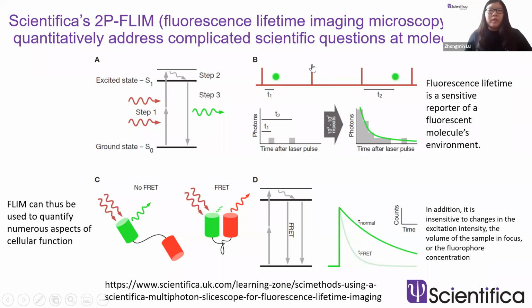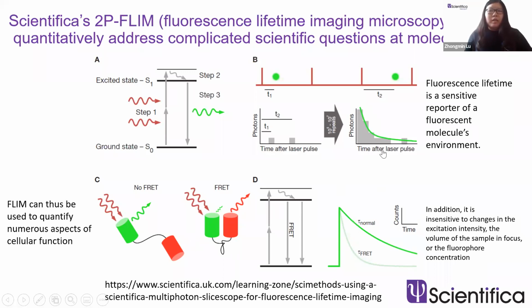The red shown here is the laser pulse, and the green shown here is the emitted photon due to this laser pulse excitation. You can count the time from the start to the stop, and have this nice histogram after thousands of counts, and you can have the exponential decay fit here.